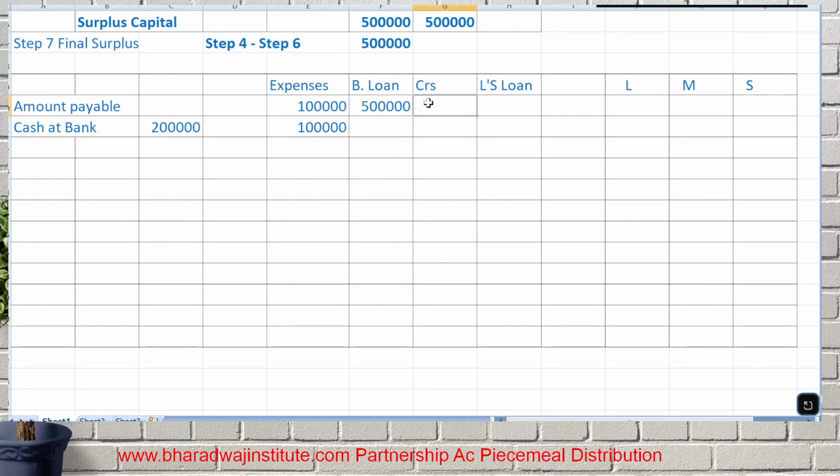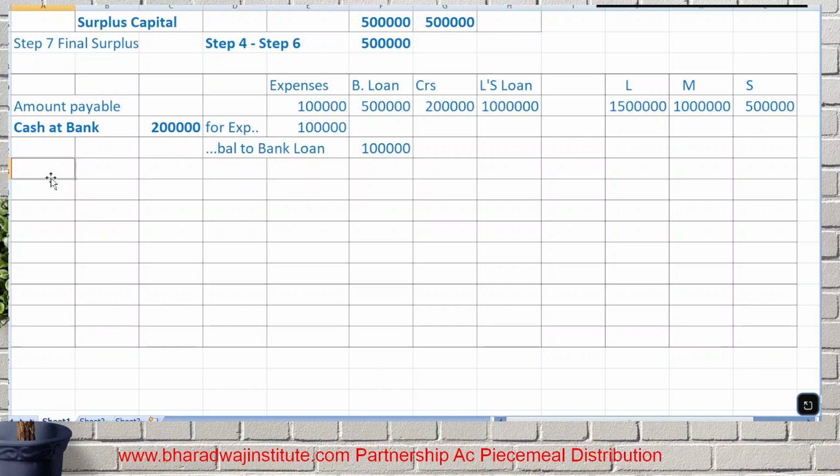Then creditors 2 lakhs, L's loan, capital of LMS. So cash at bank will be used for what? For expenses first, and the balance to the bank loan. The balance, 1 lakh, will be paid to the bank loan.